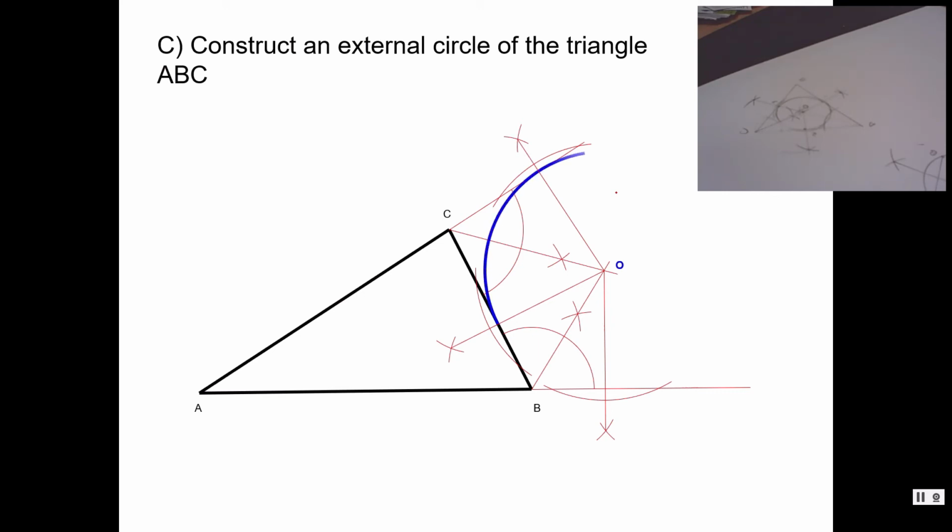Okay, so at the end we are going to get the circle of the triangle ABC.